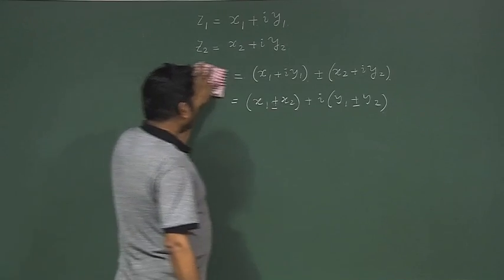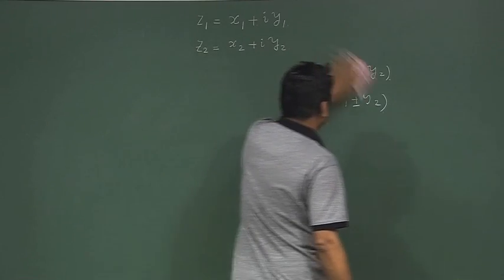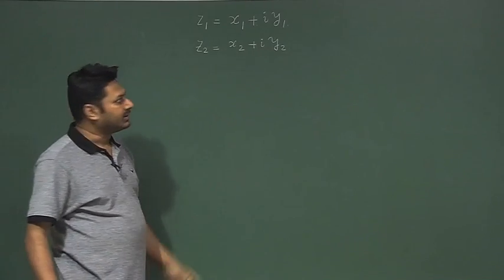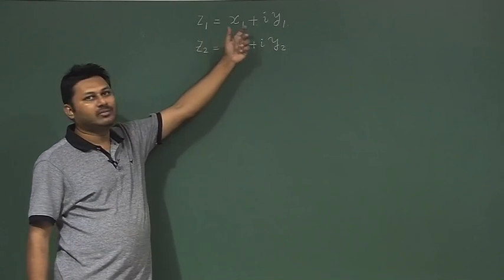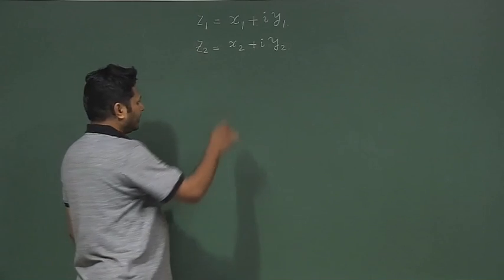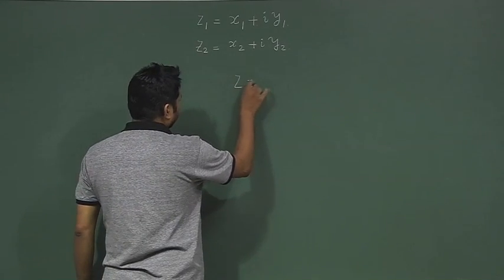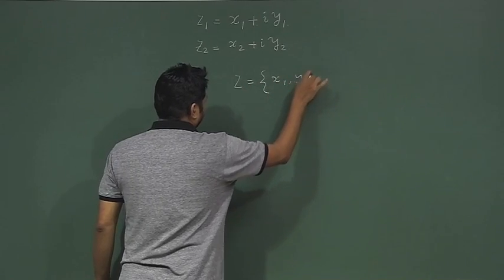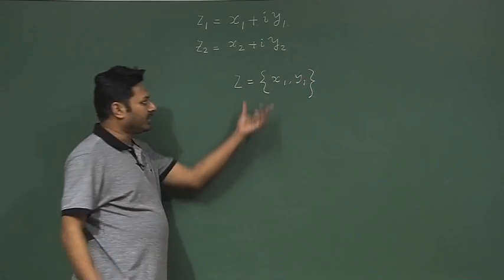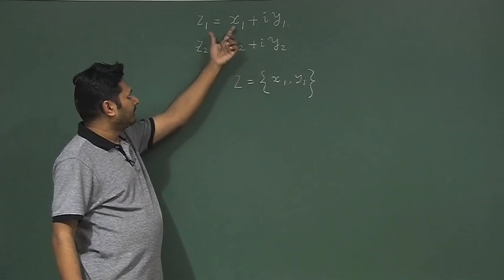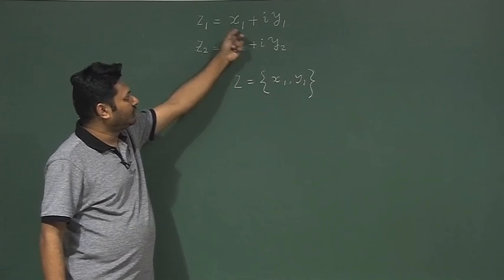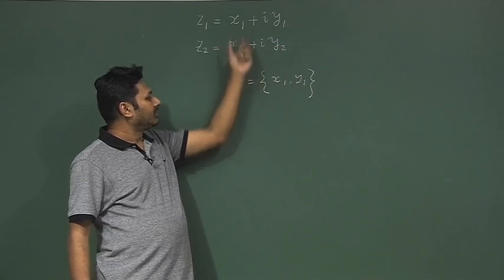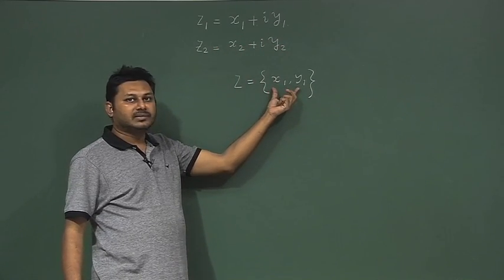Now, if I multiply these two quantities, what happens? Normally if I say z equals x and y, essentially it is forming a pair. So, z is sometimes represented by this pair, a complex number associated with a real part and an imaginary part.